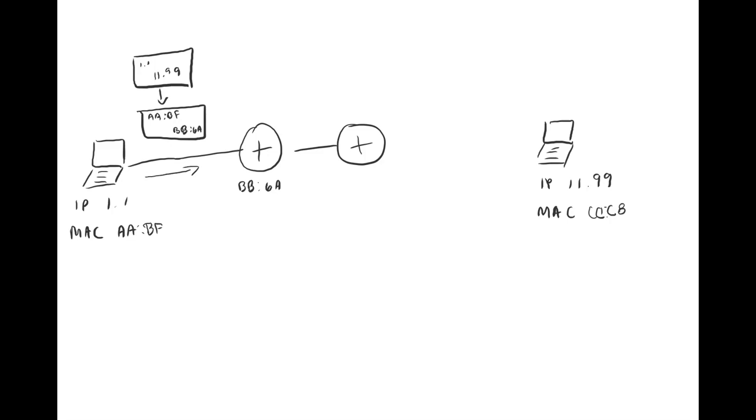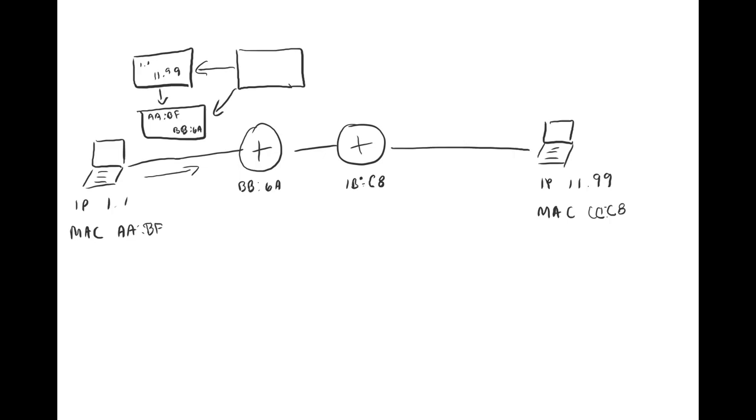The router is going to receive this. Layer 3 is going to read the IP address and then send it back to layer 2 to add a new MAC address for the source and a new MAC address for the destination. Let's say this one has the 1BC8 MAC address. And again, it's just an example.